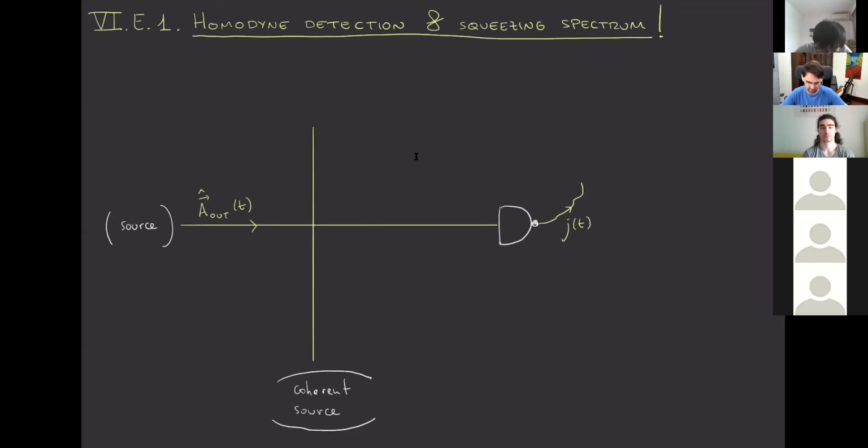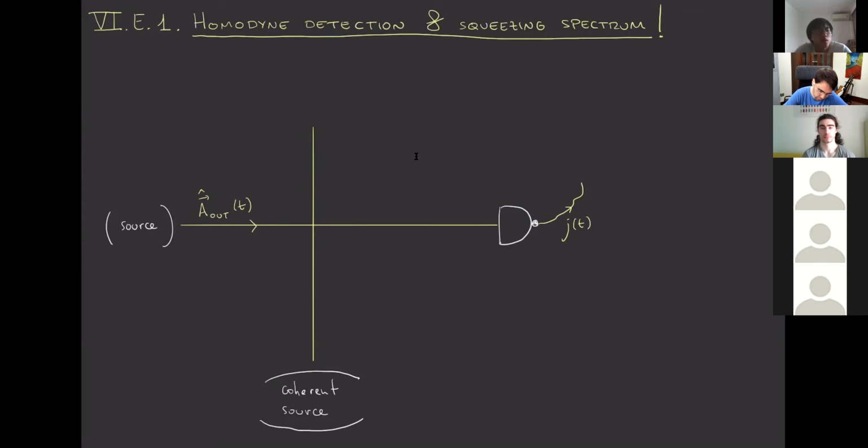So these are like two mirrors of a coherent source that are coming out. I will give you the properties of this source in the next slide. But for now, just imagine that it's some kind of open system that is radiating coherent light, like laser light. It could be a laser itself.